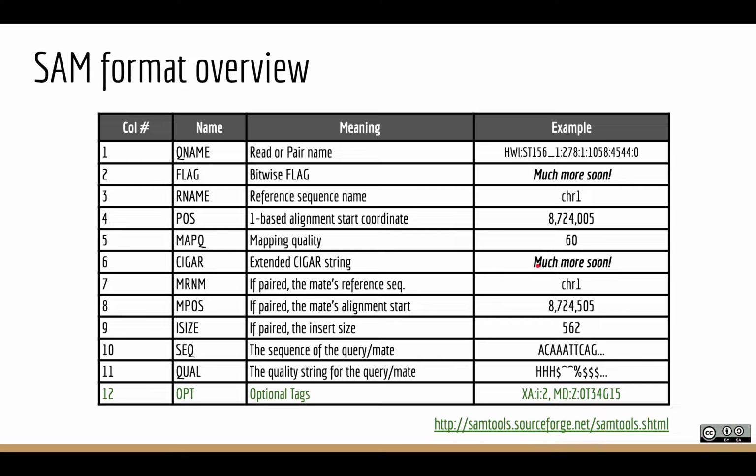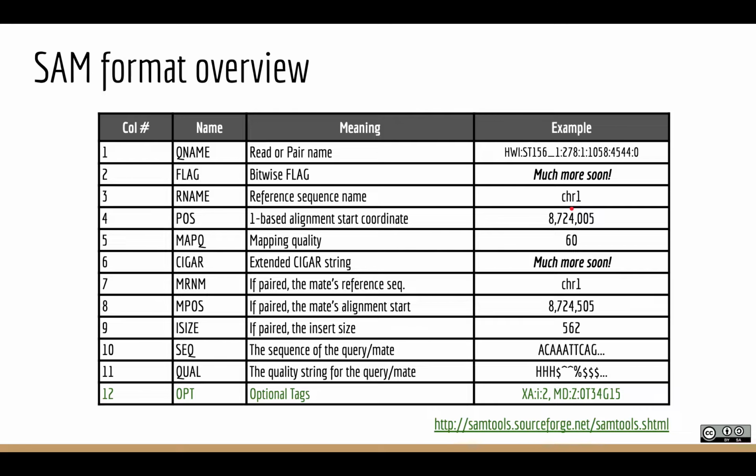There's a Cigar string that gets at Simone's idea, which tells us the nucleotide by nucleotide alignment of the sequence to the reference genome. We'll go into that in the gory detail. You might hate me for it, but we're going to do it. Okay, so let's imagine it's a paired end. This fragment at cluster HWI, ST156, etc. at this XY coordinate on that tile of that lane is a paired end sequence.